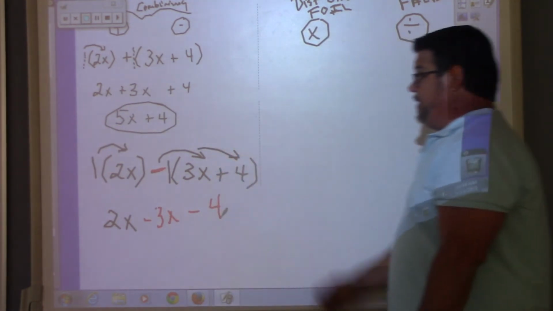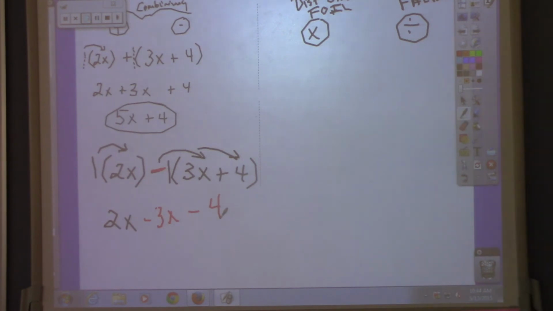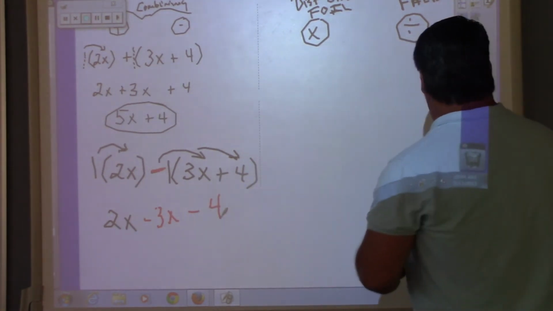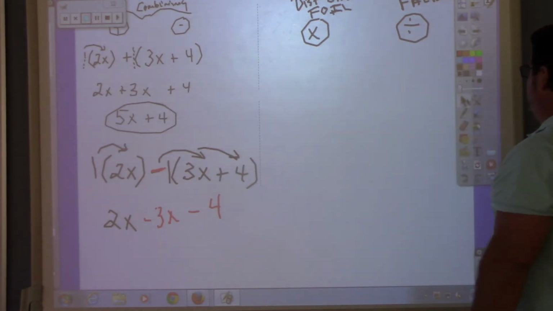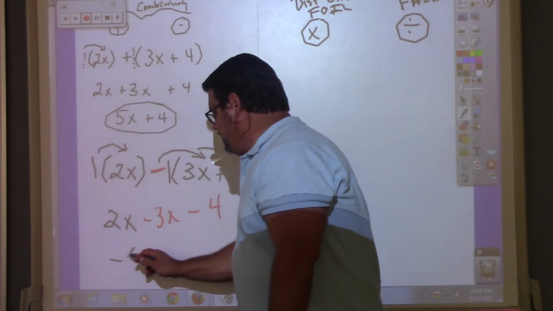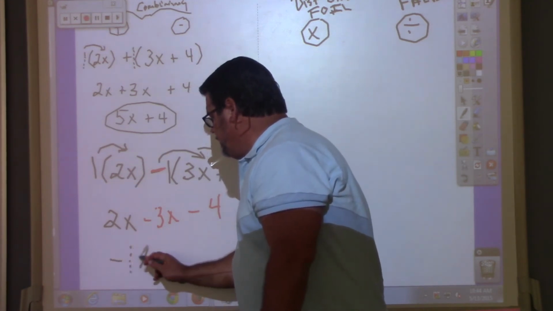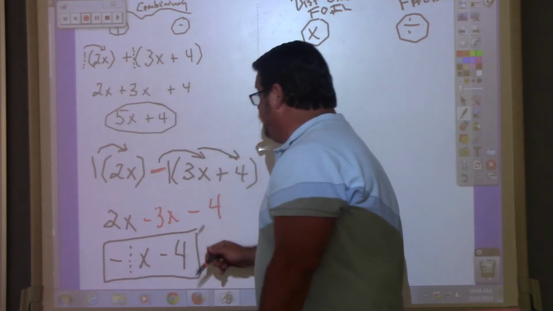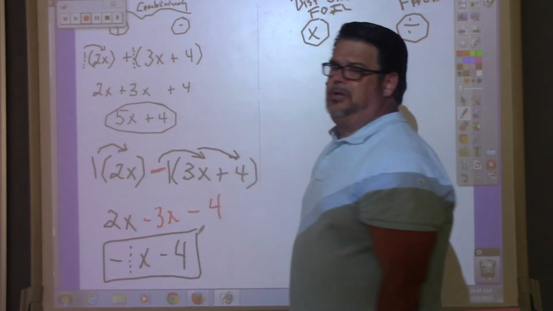I leave it in red because it changes everything here and here. And now when you combine those two, what are you going to get? Negative 1x, or -x. So I combined and I didn't use any different rules.